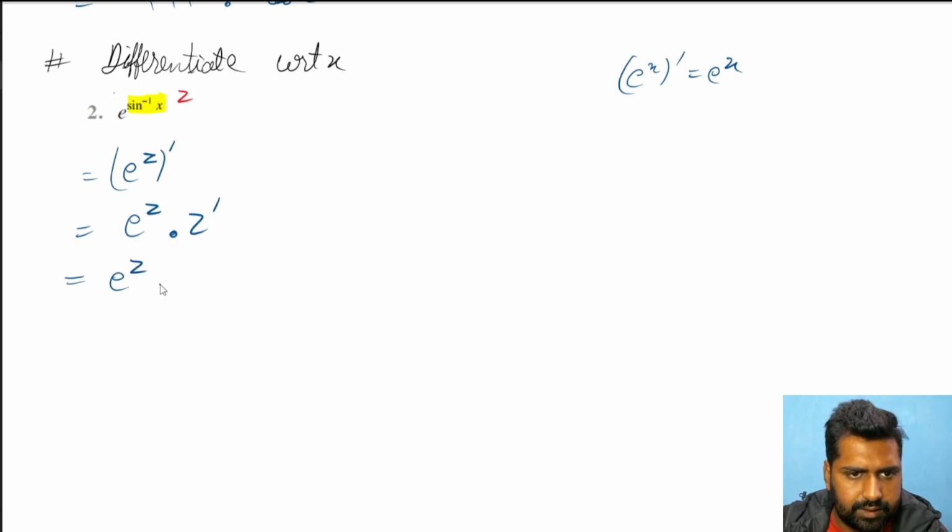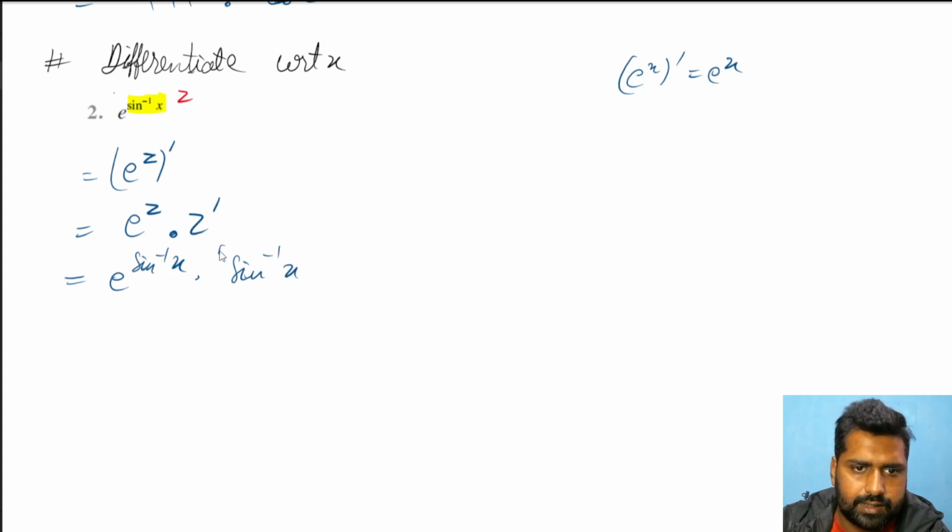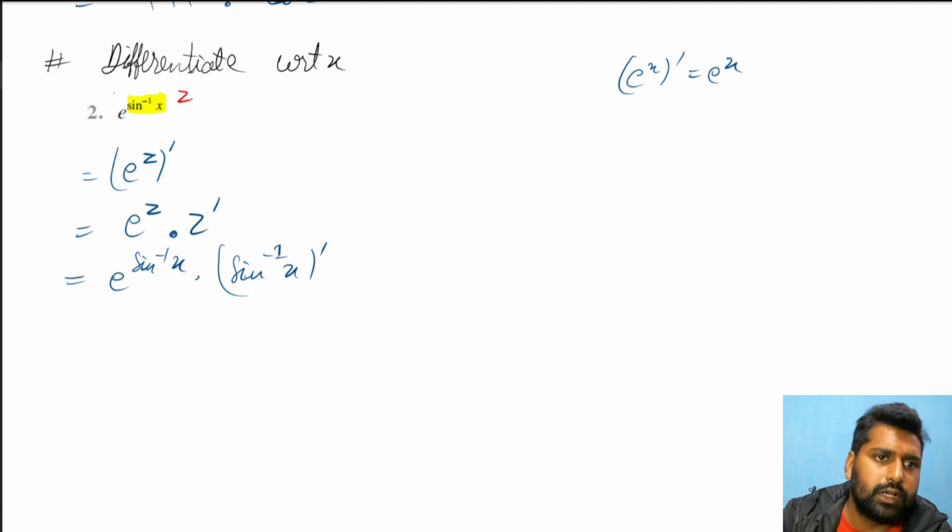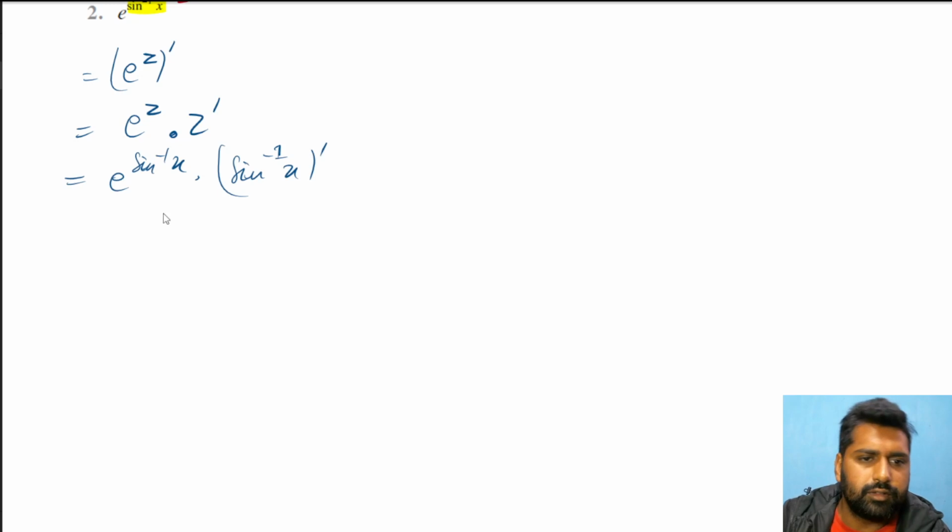So e raised to power z. Oh no, let's replace z. Sine inverse x, and now comes differentiation of sine inverse x. Now I'll give you the basics for inverse differentiation, the rules first of all, because that was pretty much not covered. I told you that whatever rules will come, we'll discuss accordingly.